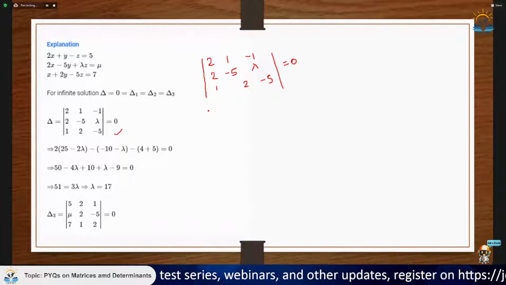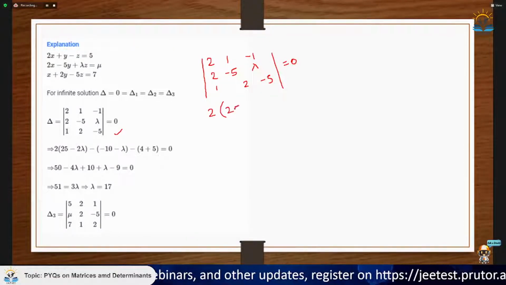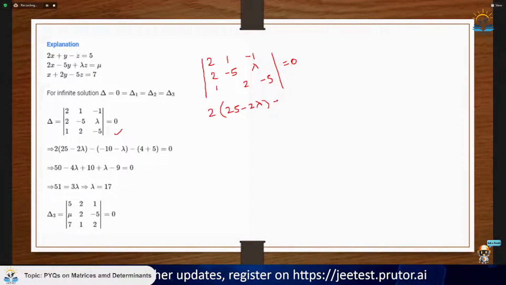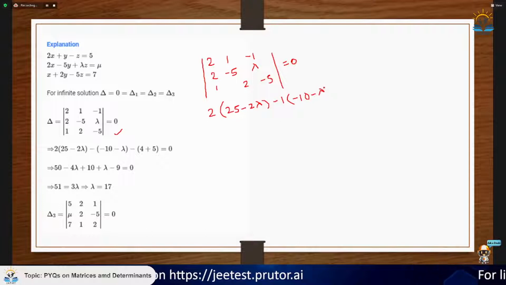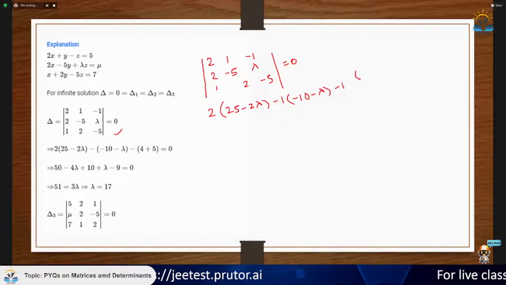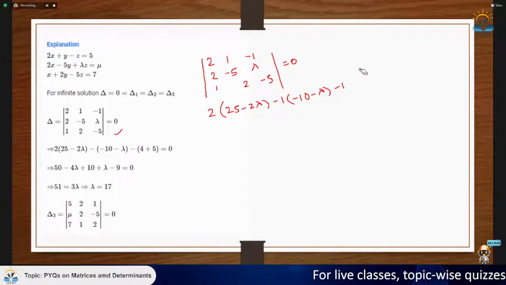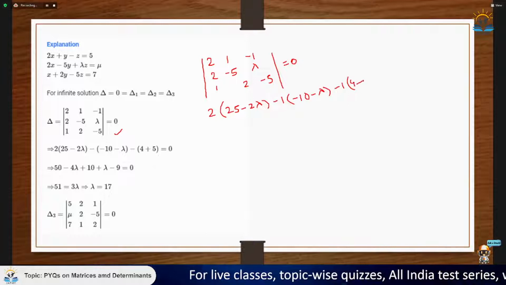Now calculate the determinant. 2 times -5 into -5 is 25, minus 2 lambda, minus 1 minus 10, minus lambda, minus 1 times 4 plus 5.